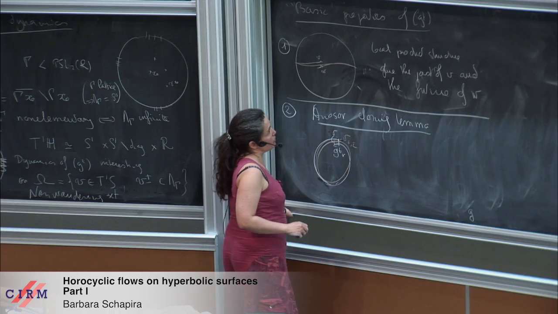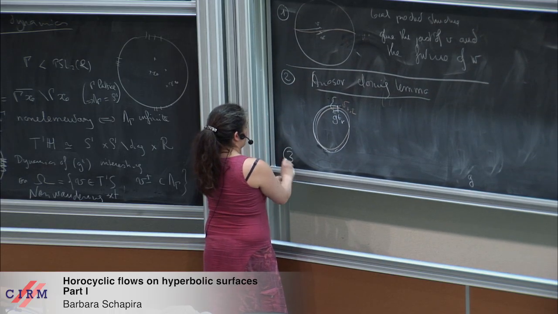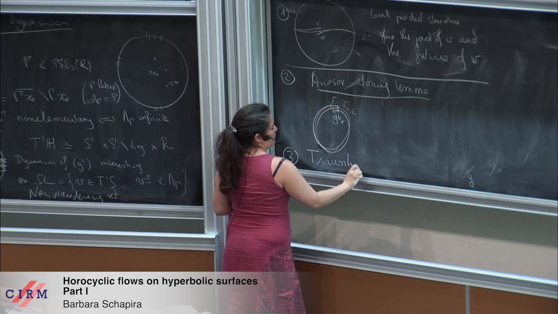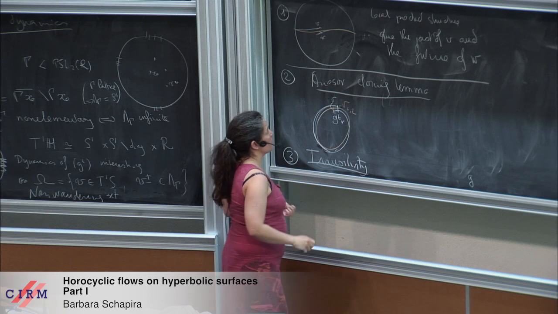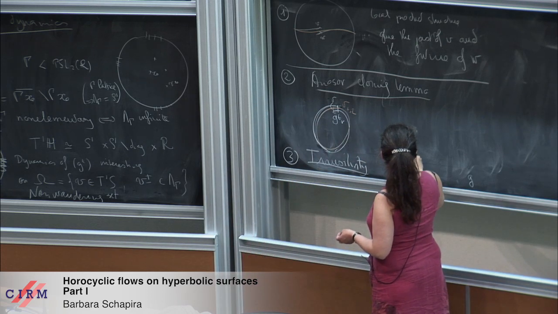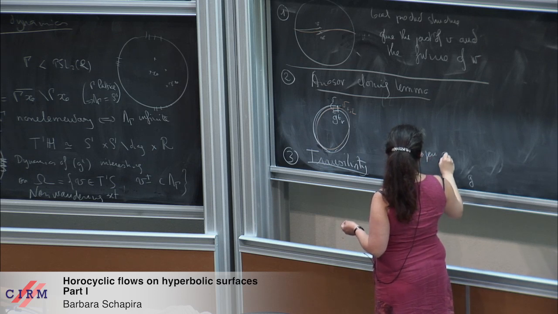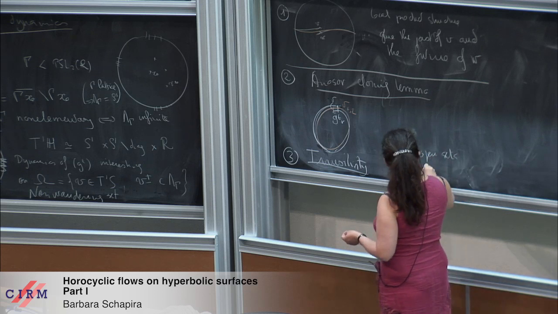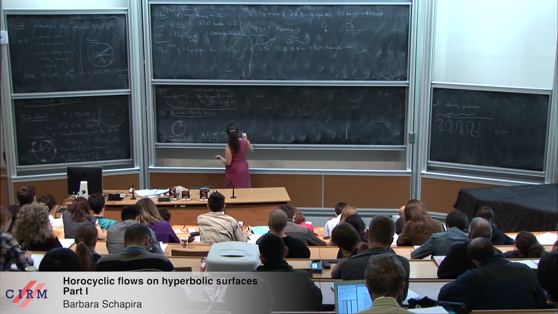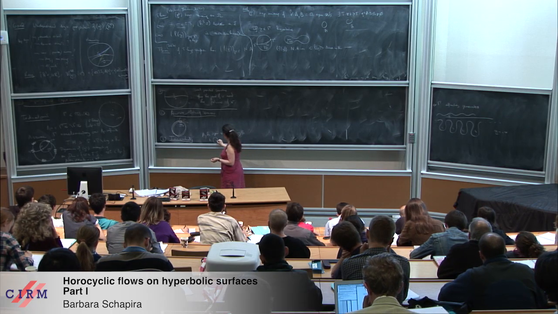And the third very important property is called transitivity. Transitivity says that if you have A and B open sets, you can go from A to B, and you can go infinitely often.